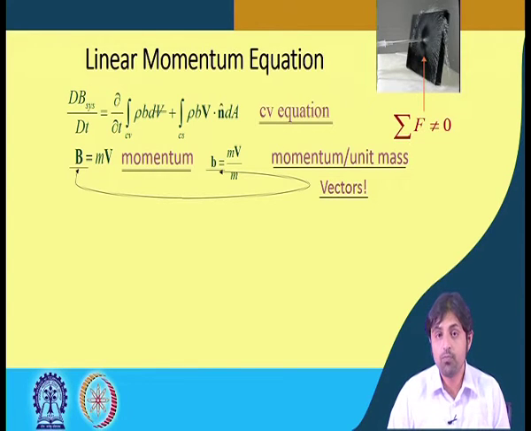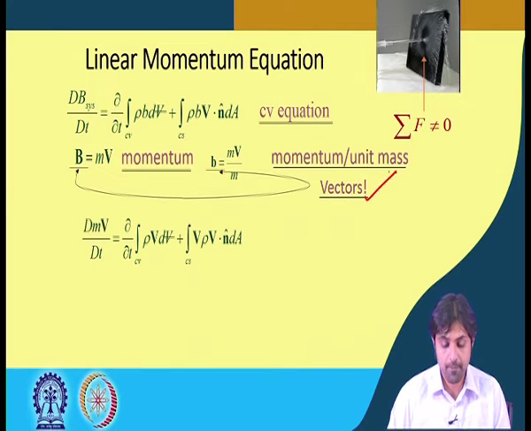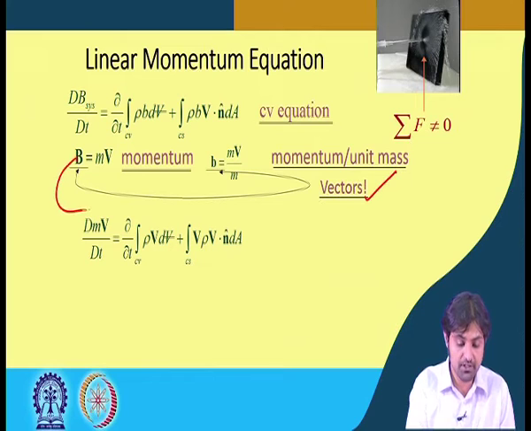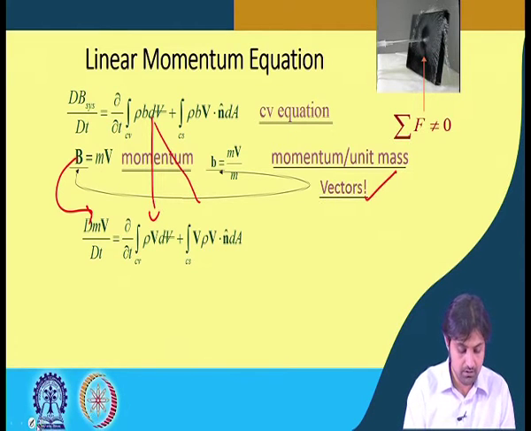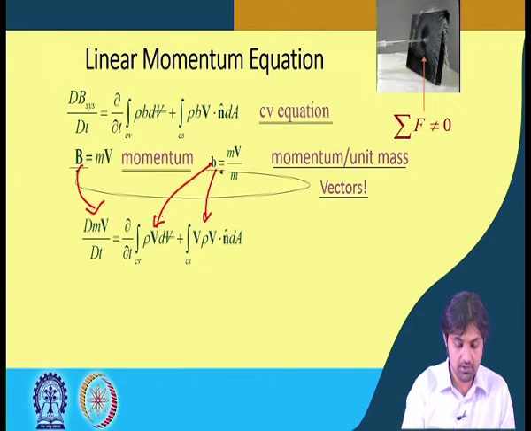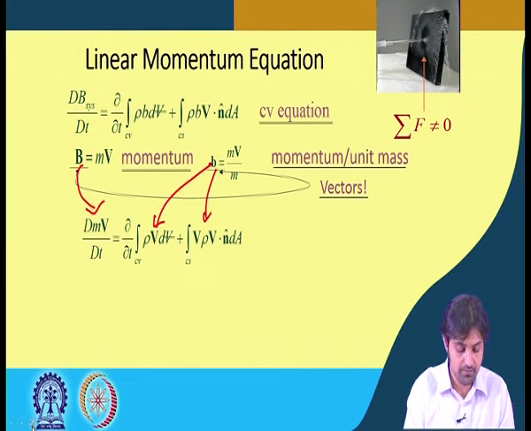Be careful that these are actually vectors. Now substituting capital B and small b here, this is the equation that we obtain.